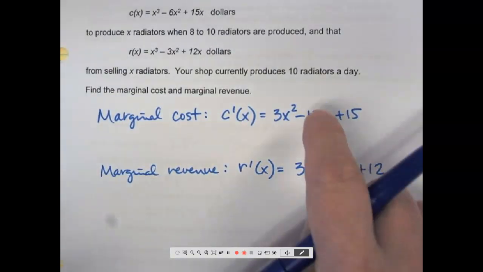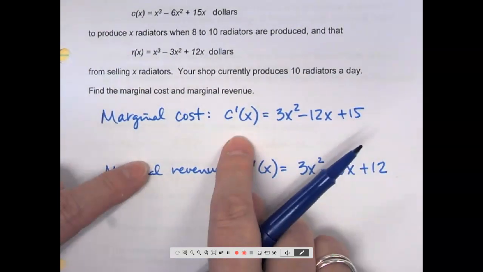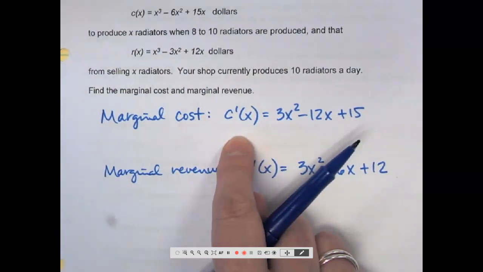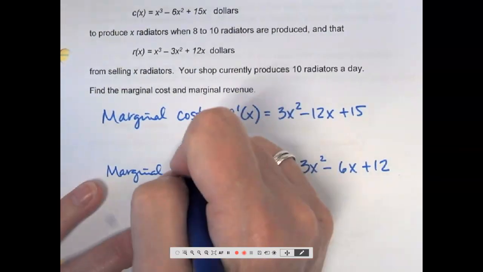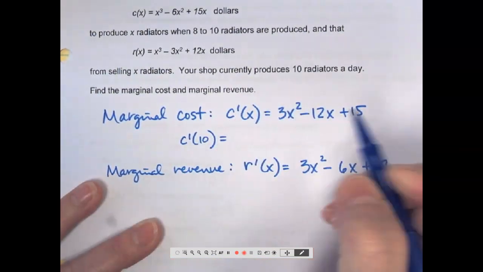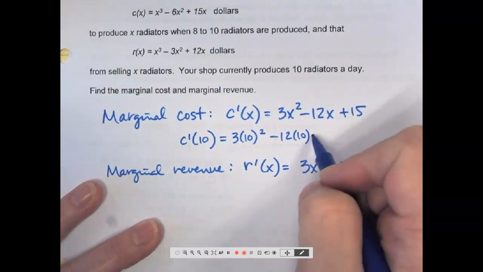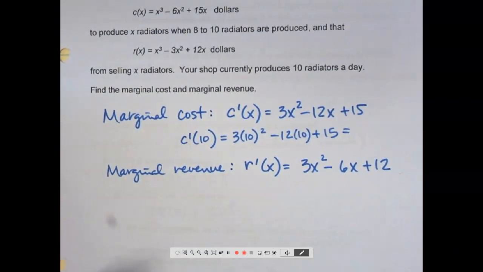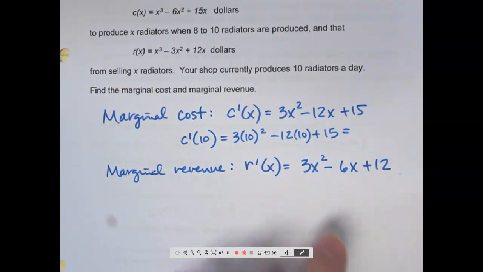Okay, then if I wanted the marginal cost when I'm producing 10, I would find C prime of 10. So, at this moment I'm producing 10 radiators a day. How is my cost changing? So let's find C prime of 10. Okay, 195.